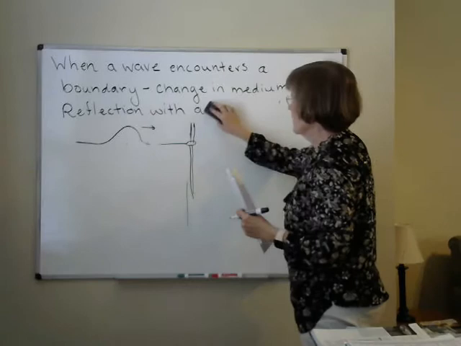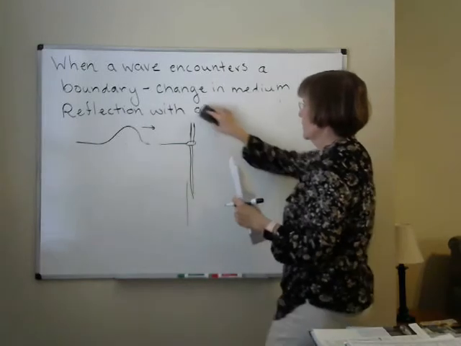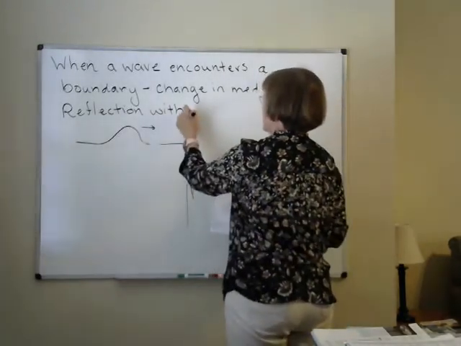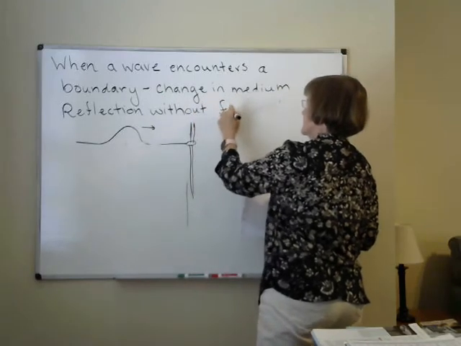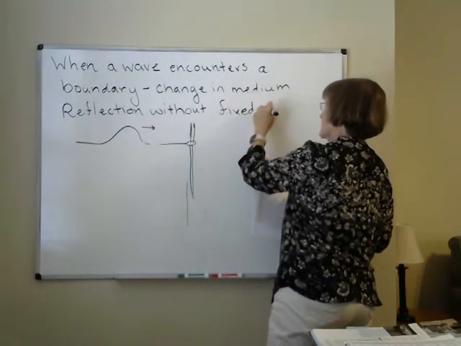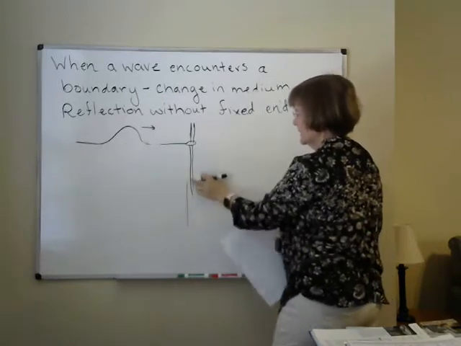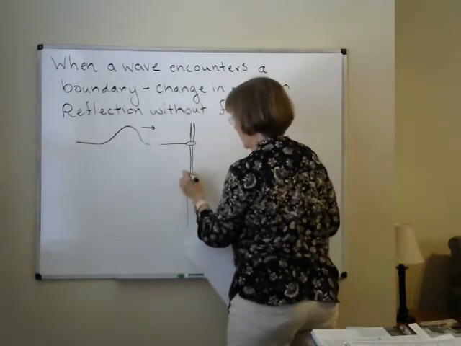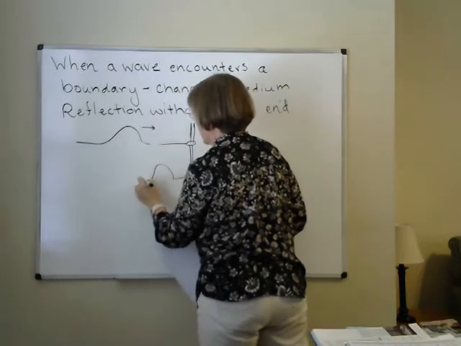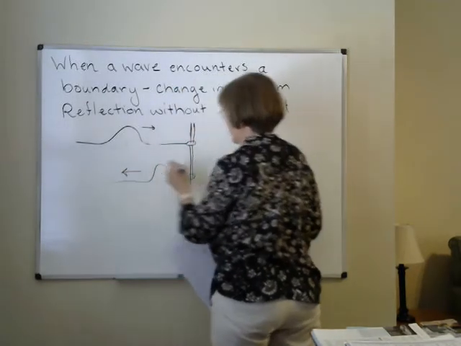So if there's no fixed end, it's going to go up and then it's going to come back down, and the wave will reflect without being inverted.